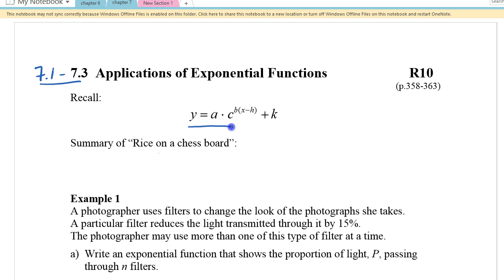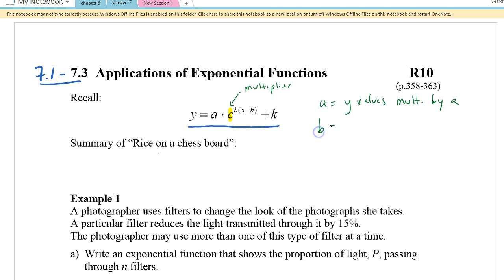So if this is our function, just a reminder: this base c is what the function is going to be multiplied by all the time. So when we're looking at these functions, look for a multiplier, and you'll see what I mean in just a second. A quick review: a is going to be your y values multiplied by a.